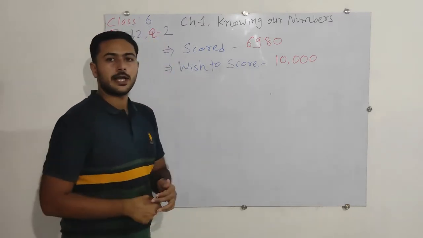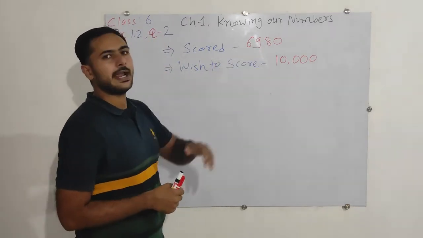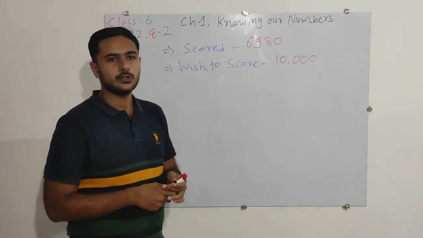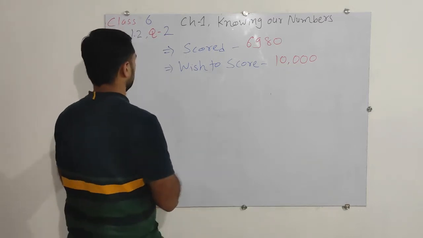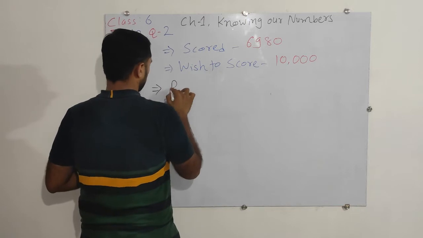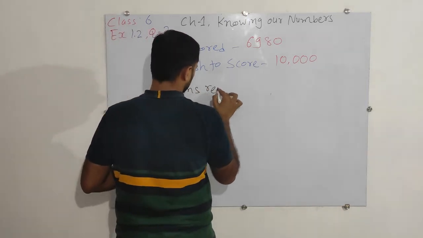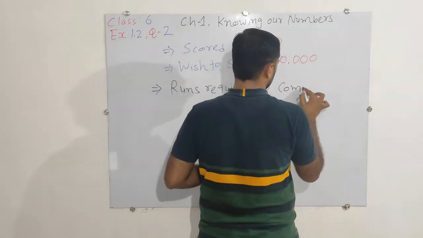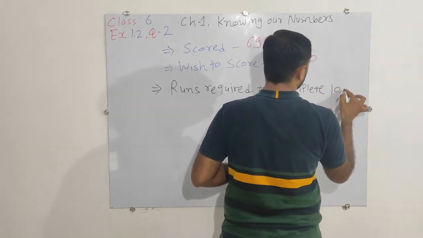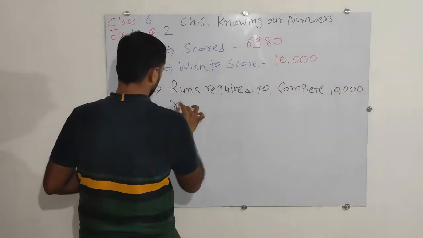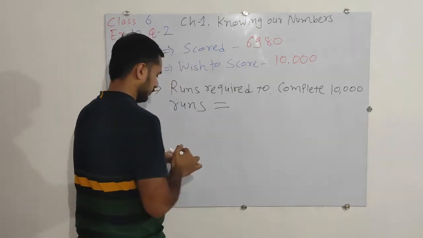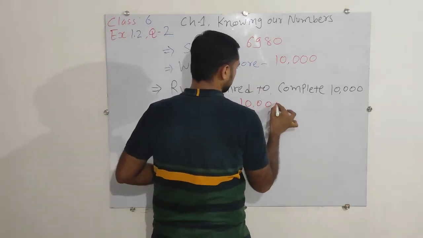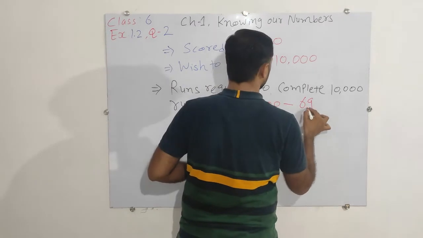Now here, the person scored 6,980 runs, and he wishes to complete the score of 10,000. So how will we do it? The runs required by Shekhar to complete 10,000 runs is equal to 10,000 minus 6,980.